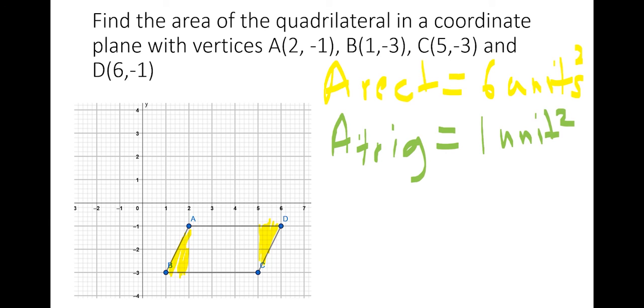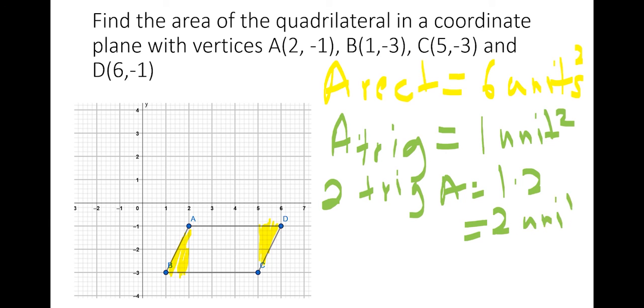So now you have 2 triangles. For 2 triangles, area equals 1 times 2, which is 2 square units. So the total area is 6 plus 2, which is 8 square units.